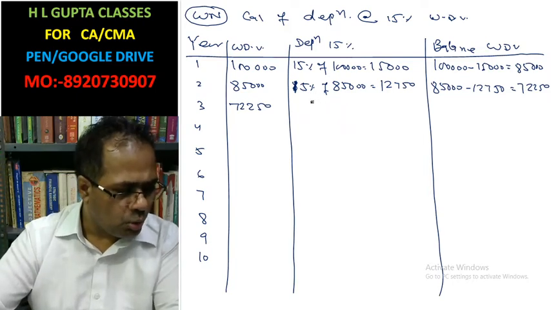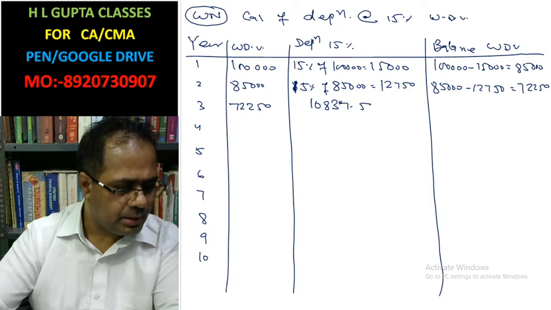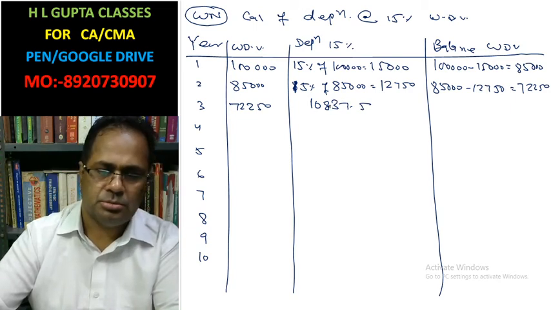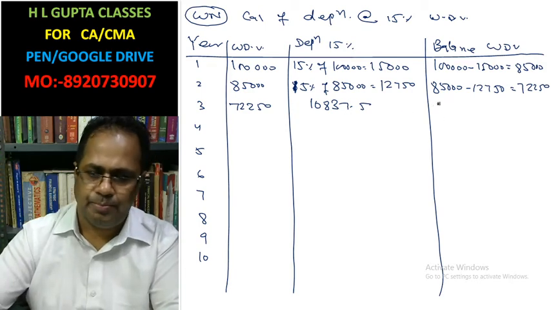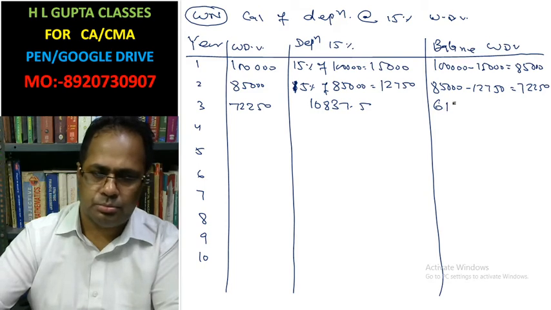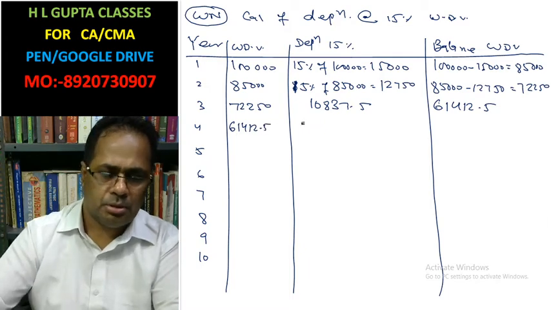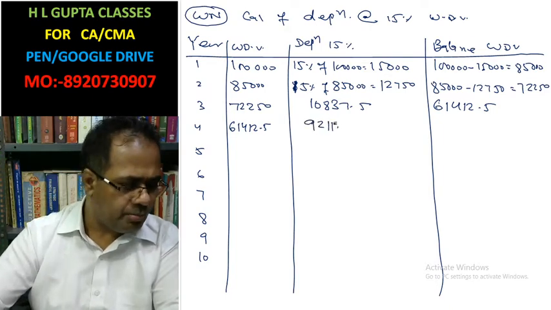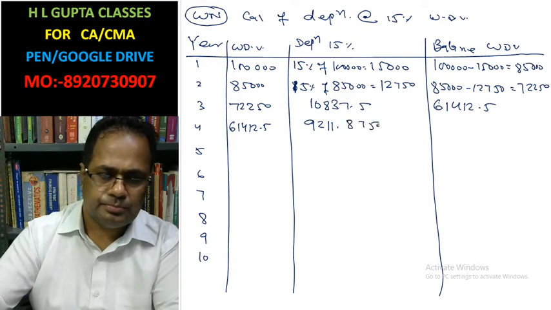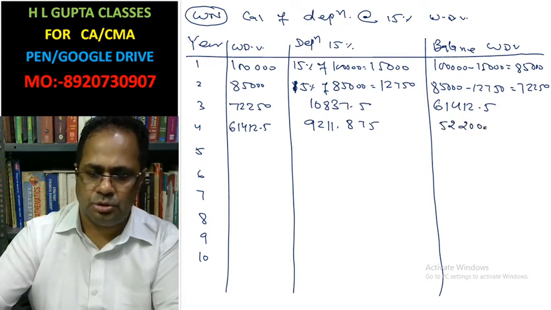Here also 15% of 72250. 10,837.5, and this is 72,250 minus 10,837.5, and this is 61,412.5, and this is the depreciation 9211.875, and this is 52200.65.